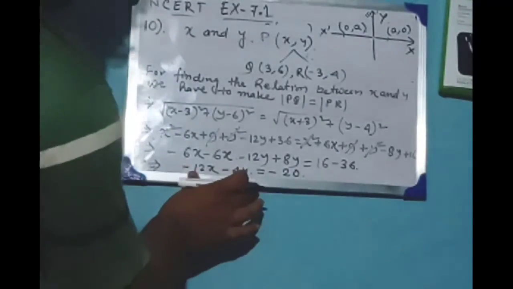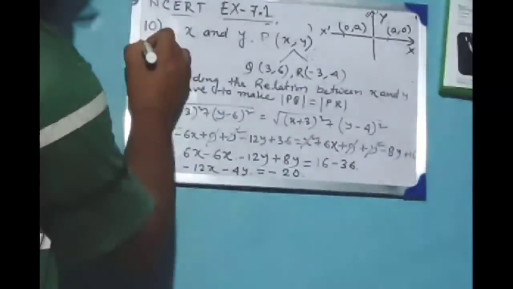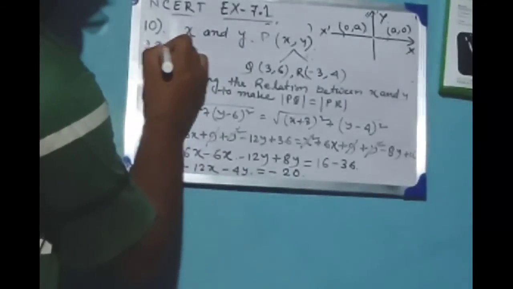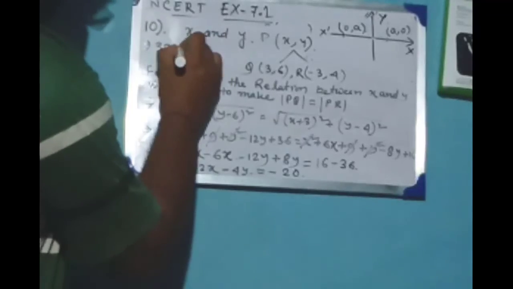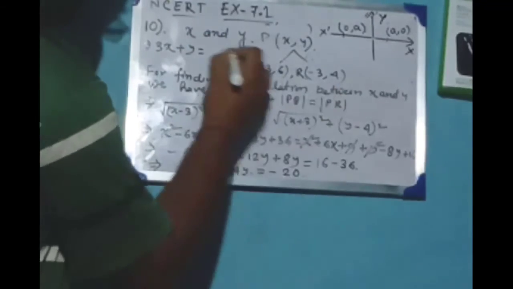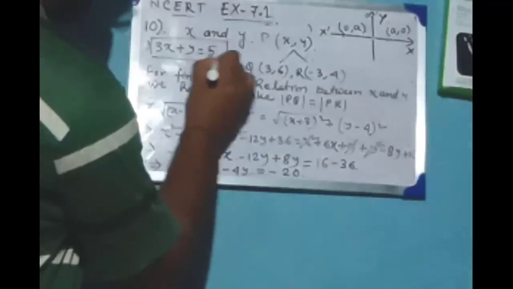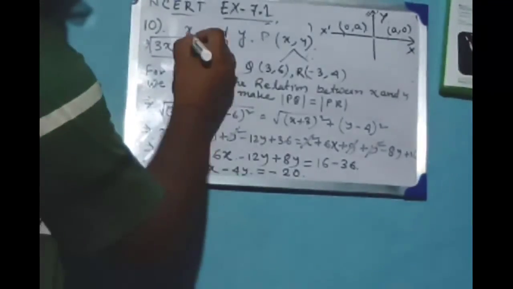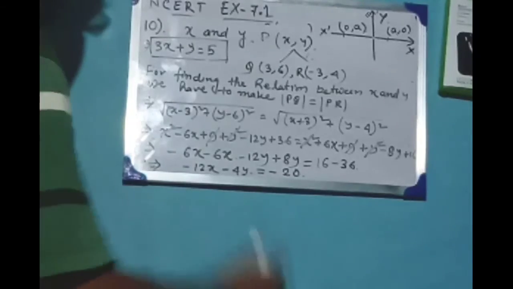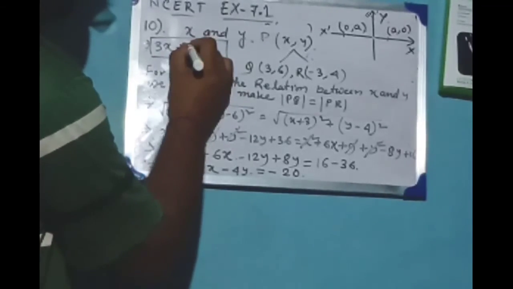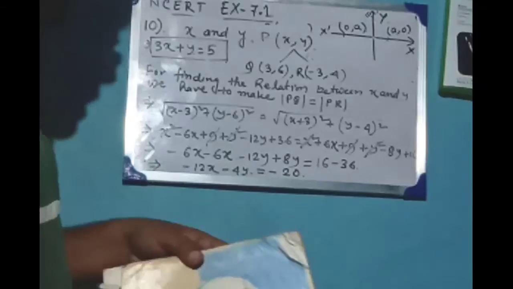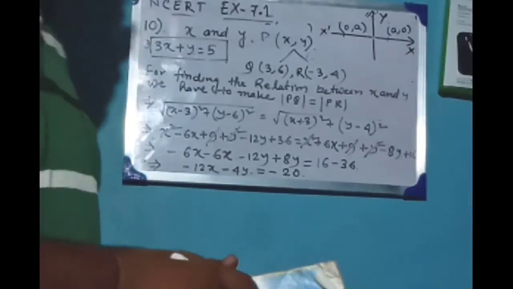So from here we can write that 3x plus y is equal to 5. So this is my required relation between x and y: 3x plus y equal to 5. Hope you are able to see it.